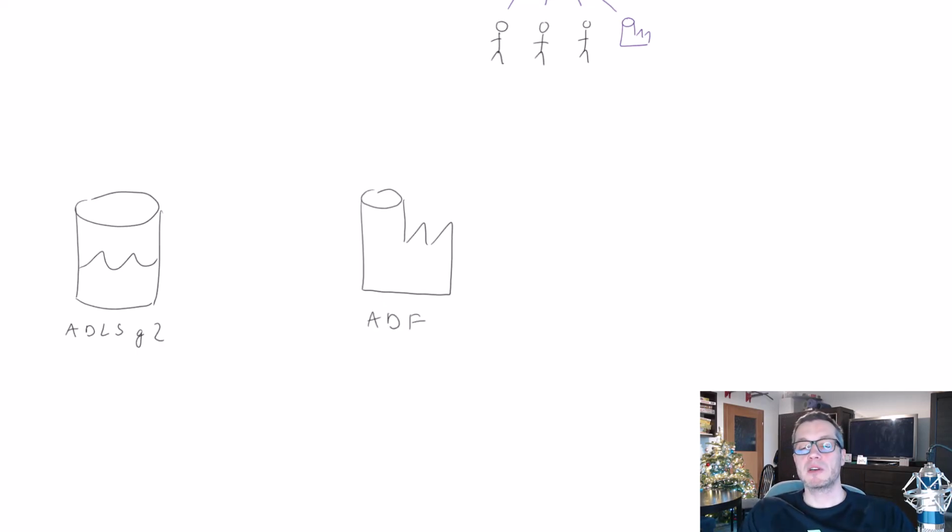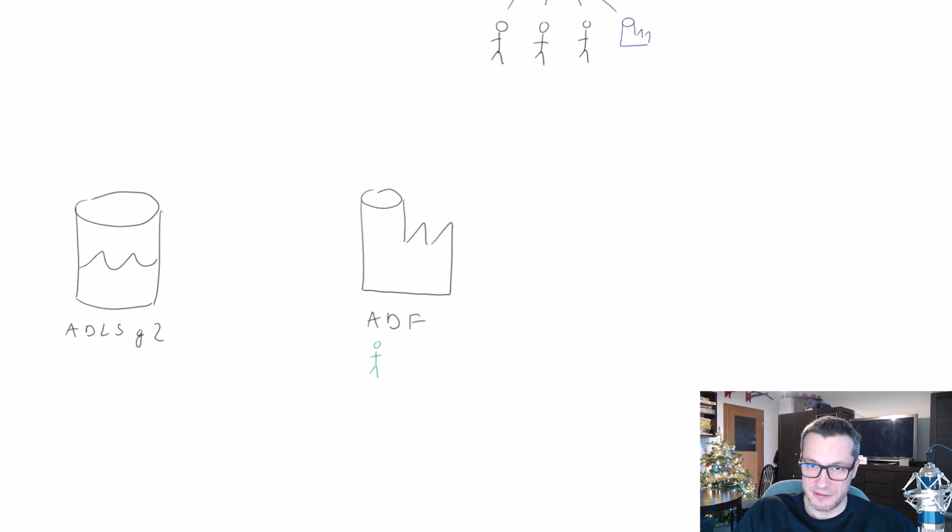And so far, in previous episodes, we used either access keys or SAS tokens to get access. And to make it a little bit more secure, what we did was to store the access key or the token inside the key vault. But actually, now, when using role-based access control, we can get rid of key vault. We don't need it anymore. Why? Simply because we can use role-based access control.